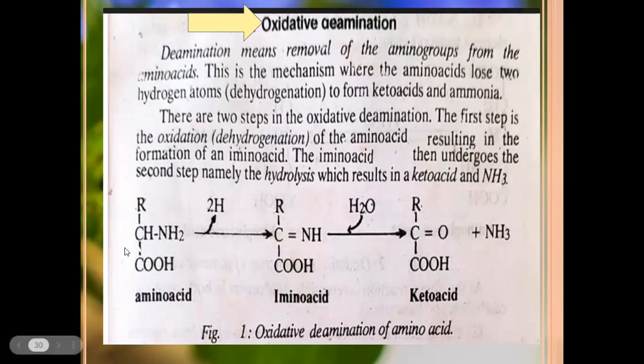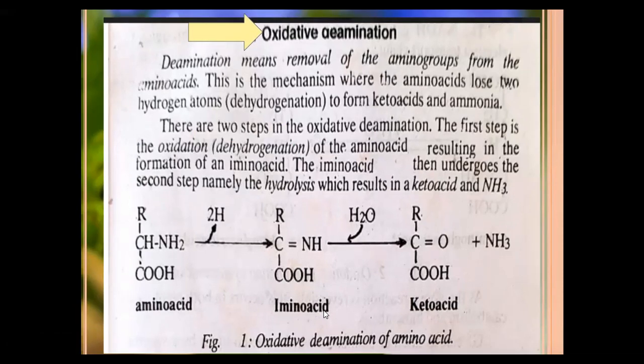Dehydrogenation means hydrogen atoms are eliminated from that amino acid. Hydrogen atoms are eliminated with the help of the dehydrogenase enzyme to form one intermediate product. That intermediate product is called imino acid.